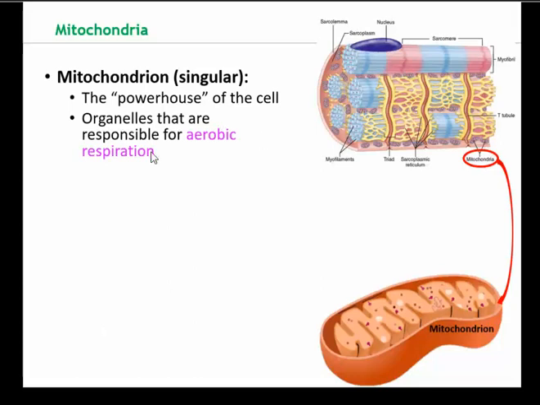I have a picture here of a muscle fiber, and inside the muscle fiber we have these myofibrils. You're probably a bit confused at this point because we haven't learned about the skeletal or muscular system yet, which is in chapter 4.